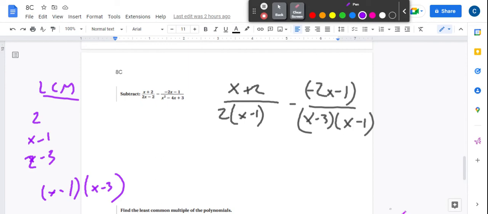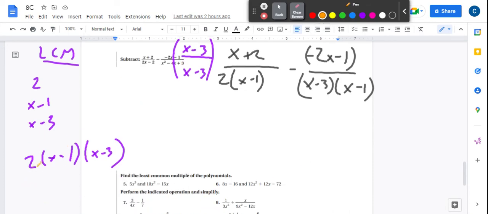So how do we get there? Well, here we have 2 times parentheses x minus 1, and we have to multiply an x minus 3 on there. So we got to multiply this side by x minus 3 over x minus 3. And then over here, again, we need 2 times x minus 1 times x minus 3. So over here, we're going to have to multiply by 2 over 2 to get the common denominator.